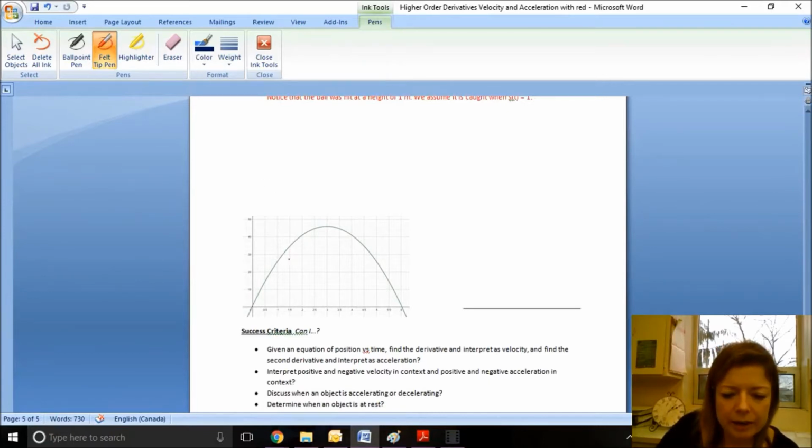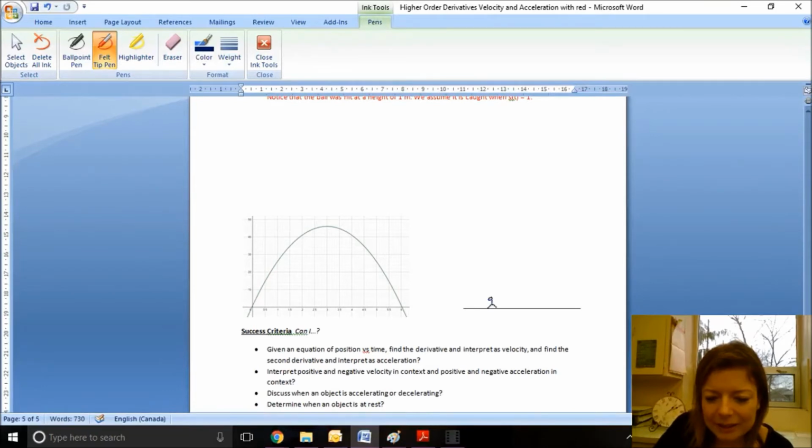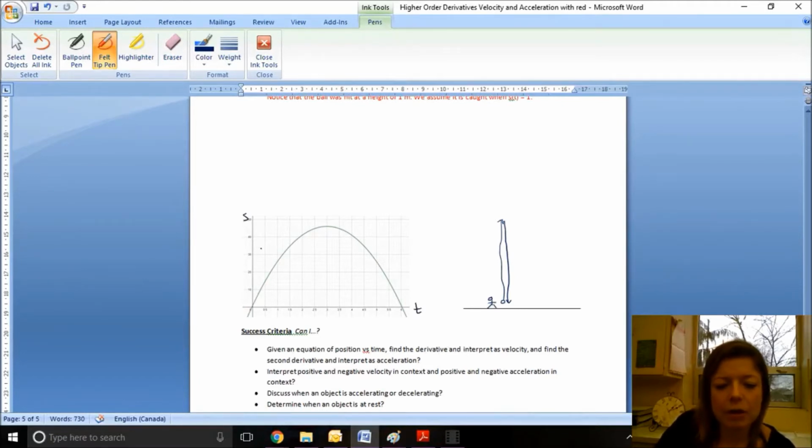So now I'm going to do a terrible drawing of a little person down here having a ball, and it's just throwing it up, and then it's going to come back down again. That is actually the picture of what's happening. The ball is just going up and going back down. So when you see this position function, we often think they're throwing the ball in this pattern, but that's not what's happening.